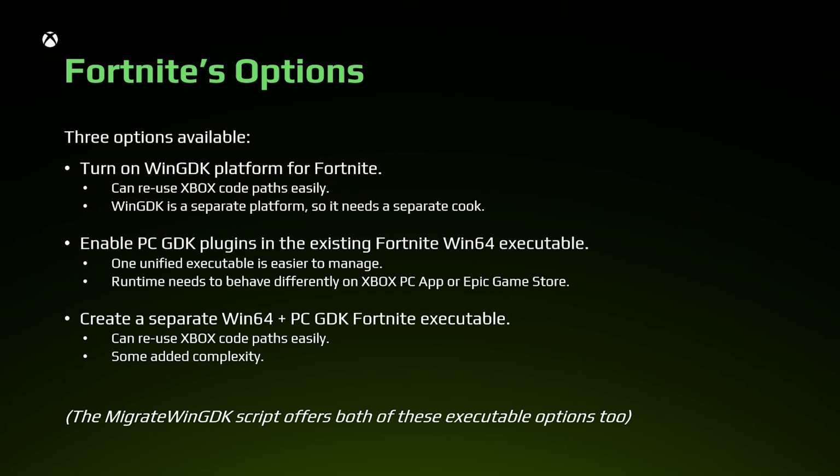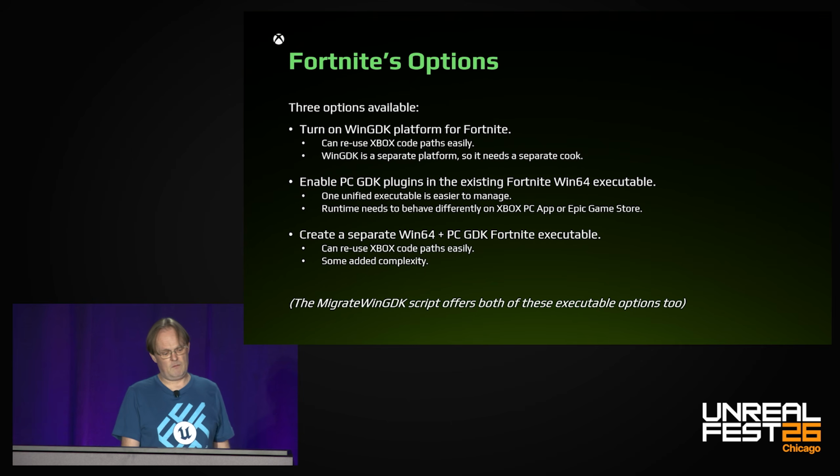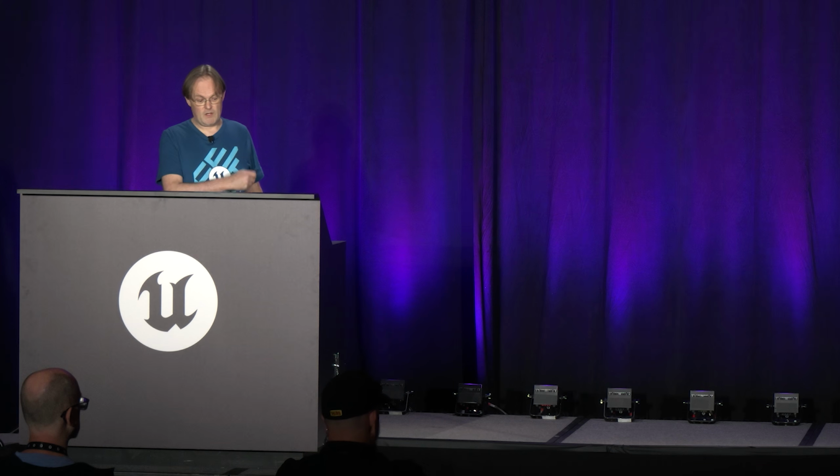Having a single unified executable is much easier to manage, but the runtime needs to behave differently depending on whether it's launched on the Xbox PC app and connecting to Xbox services, or the Epic Games Store and Epic Online Services. So the third option would be to create a separate Win64 PC GDK Fortnite executable. This lets us reuse the Xbox code paths easily, but does come with some added complexity. And the migrate Win GDK script that Zach mentioned offers these last two options to you as part of its wizard process.